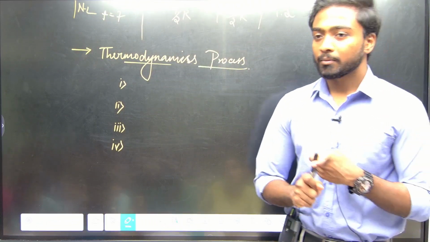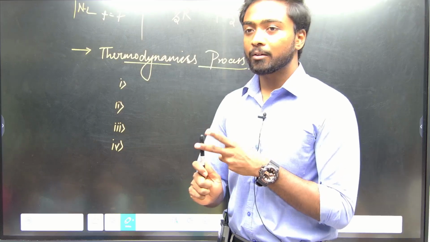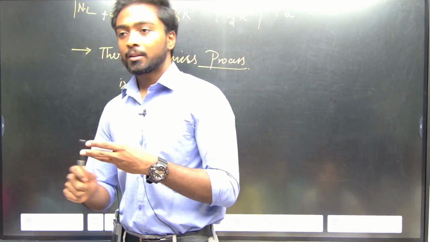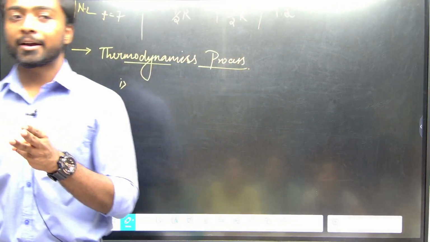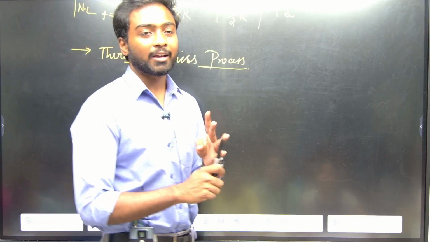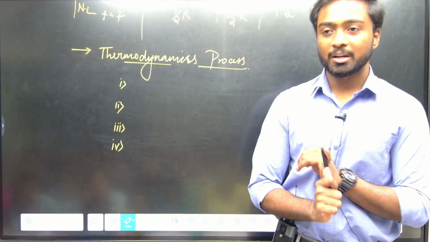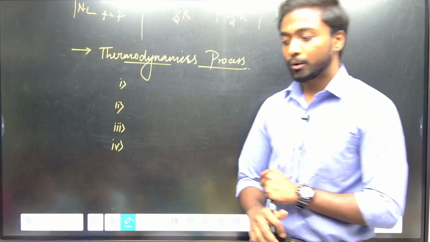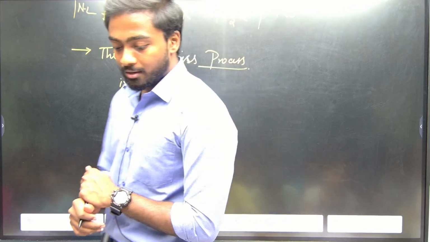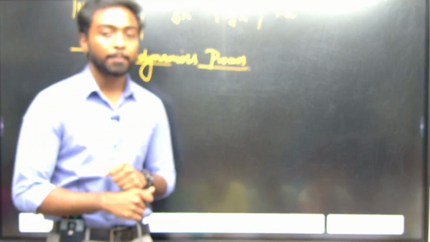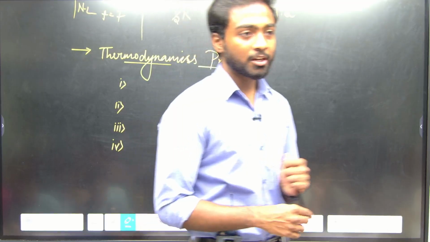What is isobaric? Pressure will be constant. What is isochoric? Volume is constant. Isothermal? Temperature is constant. Adiabatic? There is no heat exchange between the system and the surroundings. Write down: the first one is isobaric process, it is nothing but constant pressure.